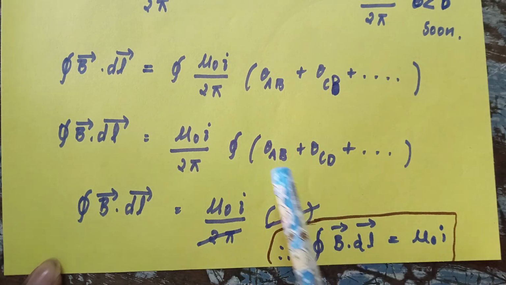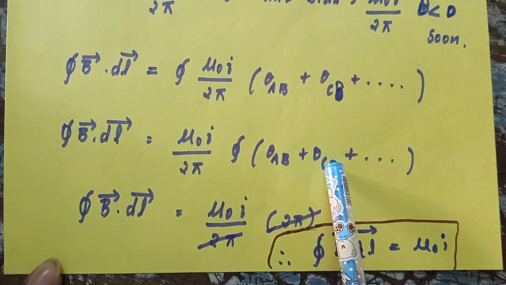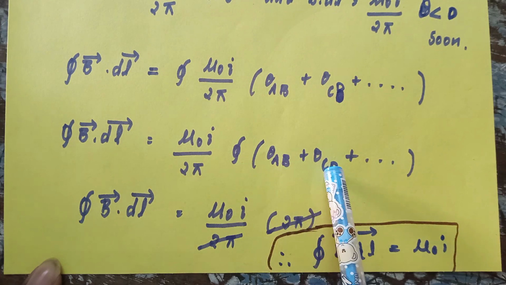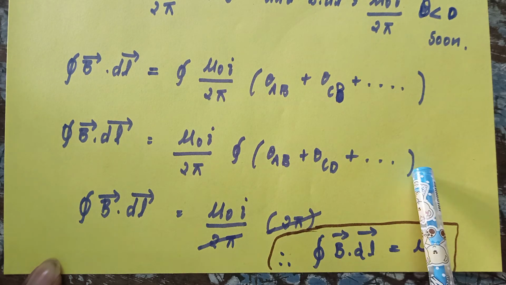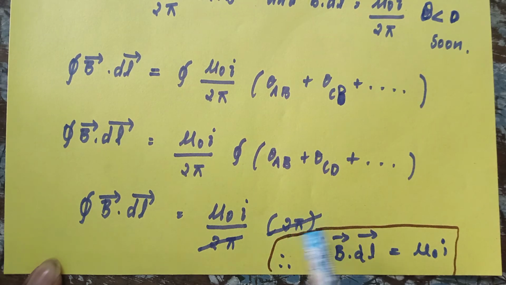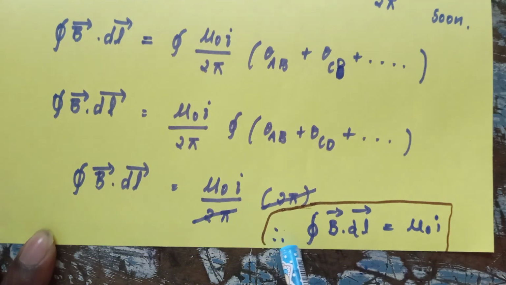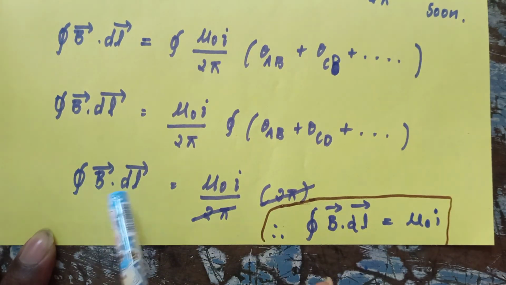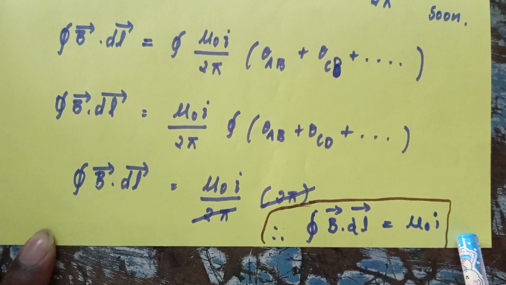It is formed like a circular path, so the circumference gives 2 pi. The 2 pi gets cancelled. Therefore the integration over the circle of B dl is equal to mu naught I.